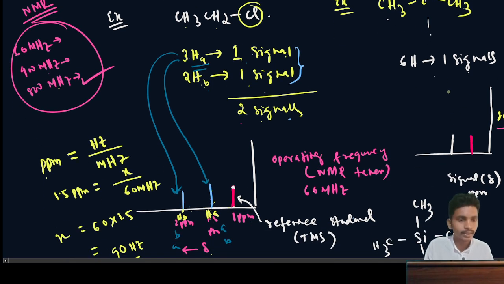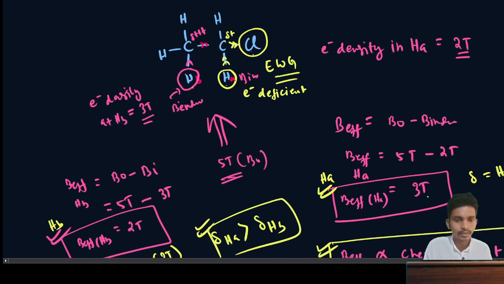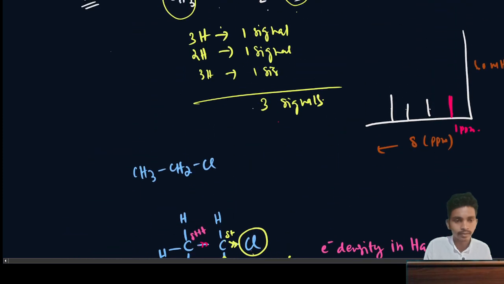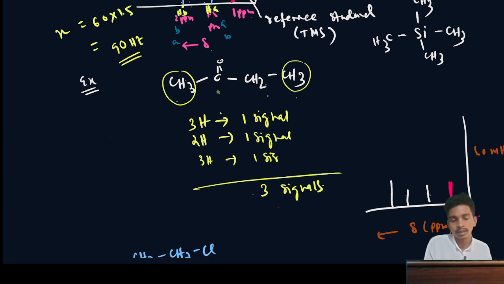So here there is one signal, and similarly here we have three signals. We will discuss this when we cover factors affecting chemical shift, where the positions will come clearly.